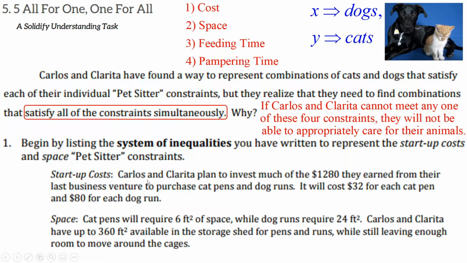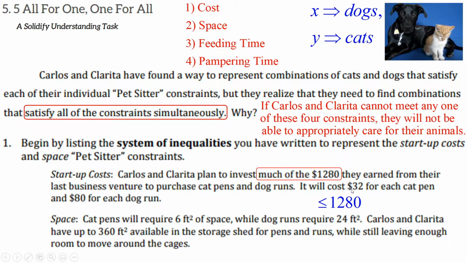So Carlos and Clarita plan to invest much of the $1,280. So let's start with that, much of. That sounds like an inequality to me, and could I say much of $1,280 would be less than or equal to what? $1,280 they earned from their last business venture to purchase cat pens and dog runs.